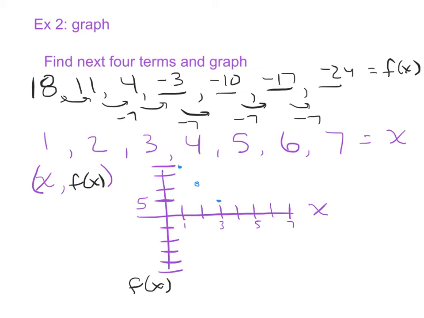And for the fourth term, it's negative 3, so below the origin. At 5, it's negative 10. At 6, it's negative 17. At 7, it's negative 24. And as you can see, it's linear, but do not connect the points. Okay, so there's our function. Let's go on to the next example.